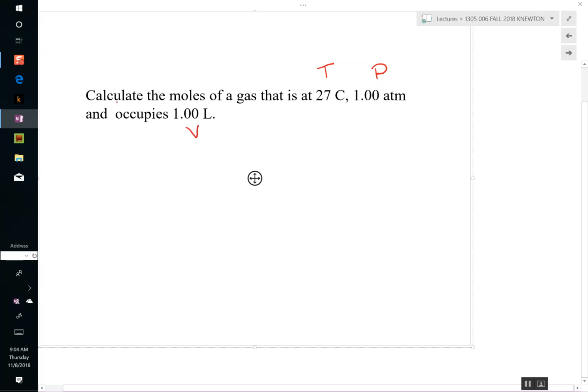Calculate the moles. All right, so what are you seeing there? You're seeing pressure, volume, temperature, and moles. So although it doesn't have the heading ideal gas law problem, it is an ideal gas law problem.